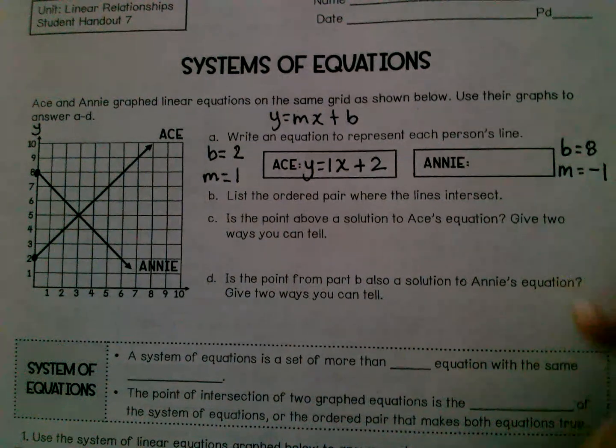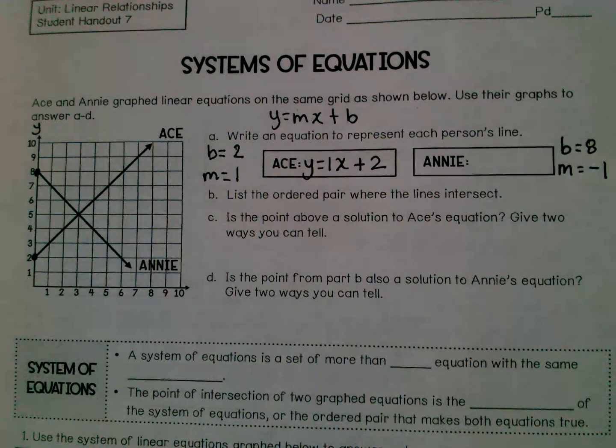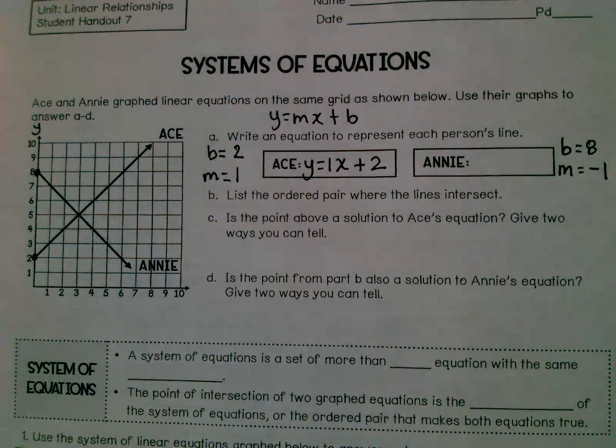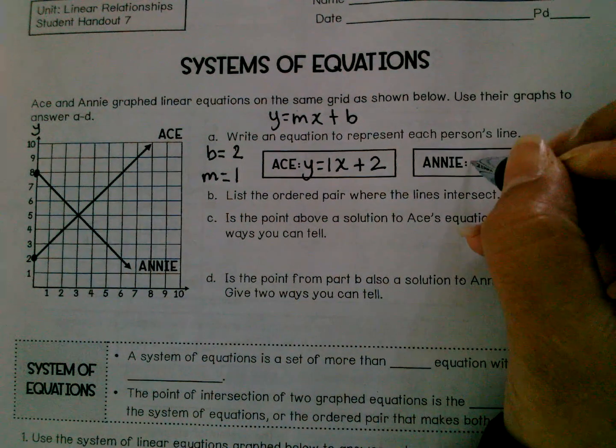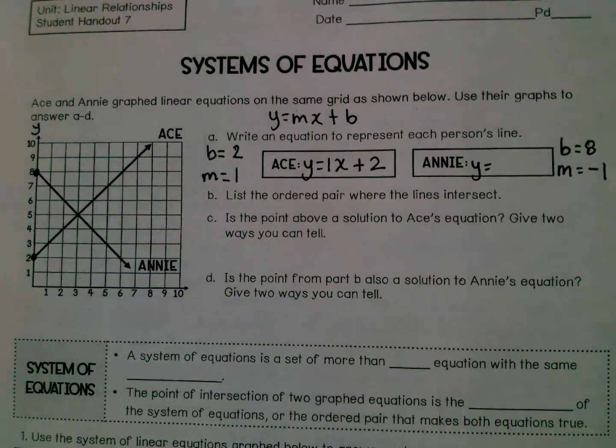So -1. Alejandro, pay attention. Now that you know B and M, give me the equation for Annie. Remember, you're just plugging in the M and the B, and y equals mx plus b.